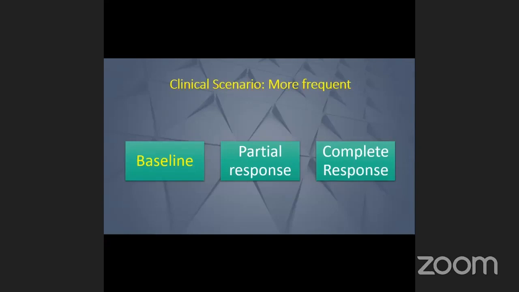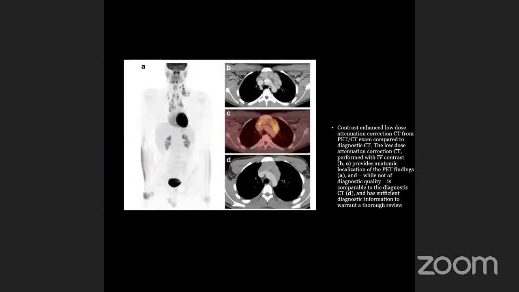Either the patient comes to you for a baseline assessment. He is already known to have, for example, lymphoma, or he is not known and they want to make sure that this is lymphoma. This is what's called baseline. Or he has taken one or two cycles of chemotherapy, and you want to see the response, which is called partial or complete response, depending on many factors.